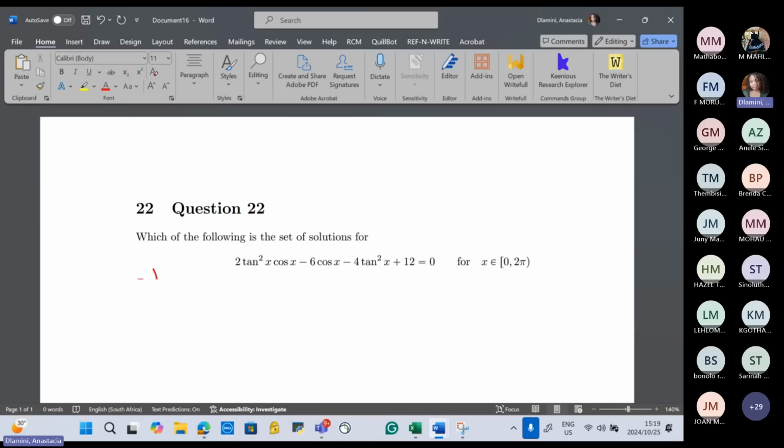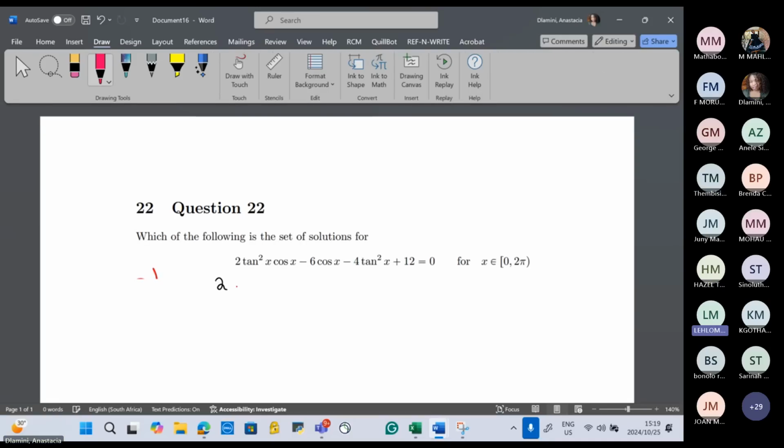So we say what? 2 cos x, cos of x into tan squared x minus 3, the close bracket, minus 4. You open bracket, tan squared x minus 3, you close bracket, equals to 0.